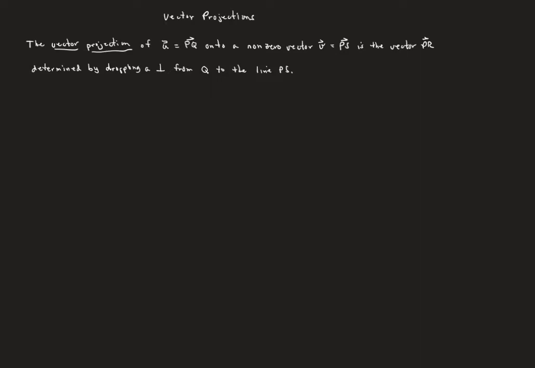So let me show you a couple different ways this could look. Here is one version, where this is our starting vector PQ. This is the P and that's the Q. And our vector PS that we are going to project onto, I'm going to say at first is kind of short.